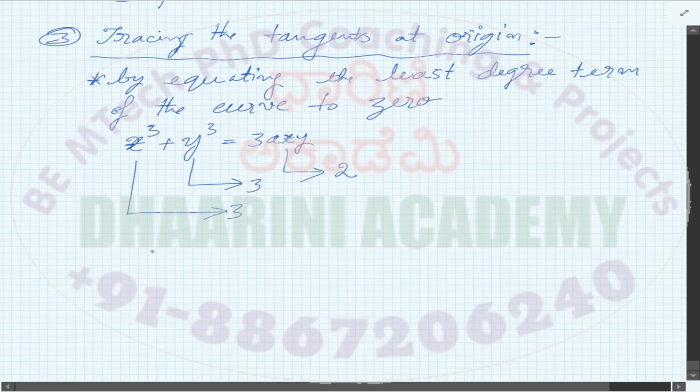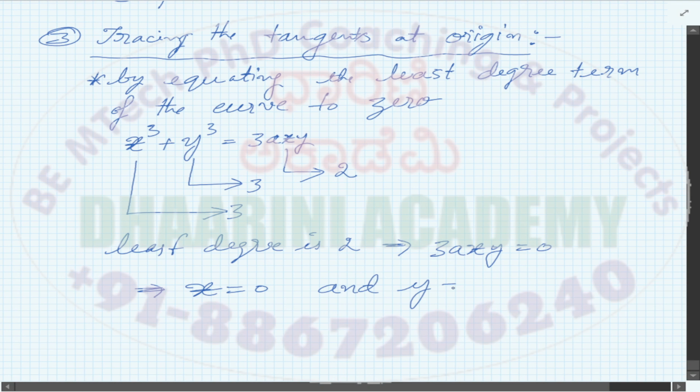So the least degree is 2. This implies I have to equate 3axy to 0. So this means that x is equal to 0 and y is also equal to 0.